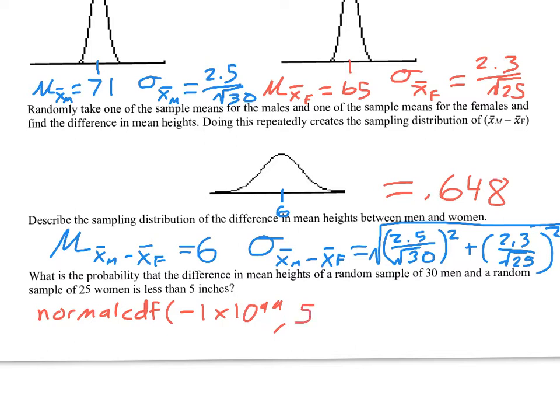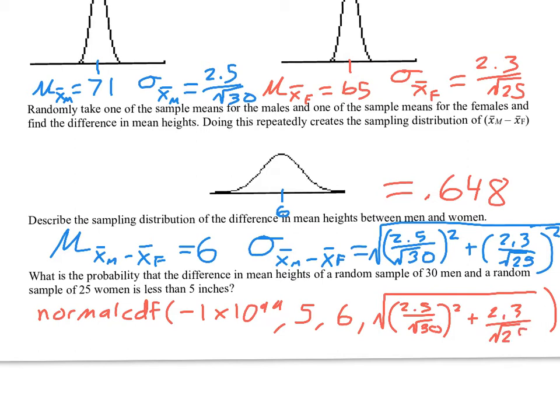Our mean would be 6, and our standard deviation, I'm just going to write that whole thing: 2.5 over radical 30, squared, plus 2.3 over radical 25, also squared, and then the square root of that.